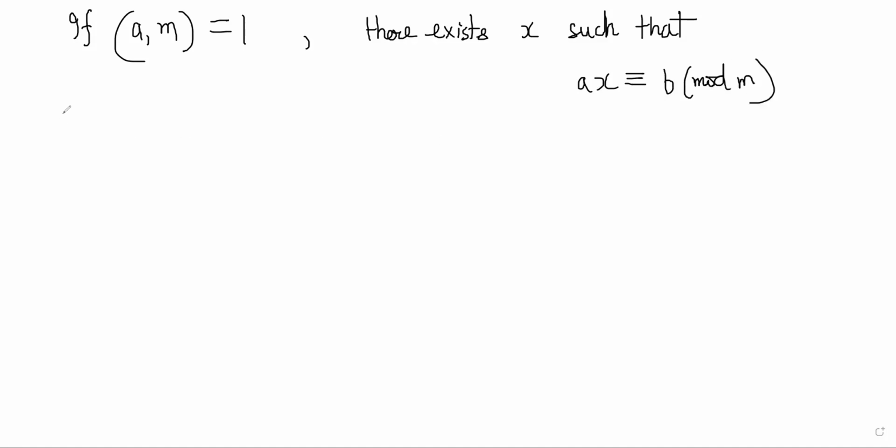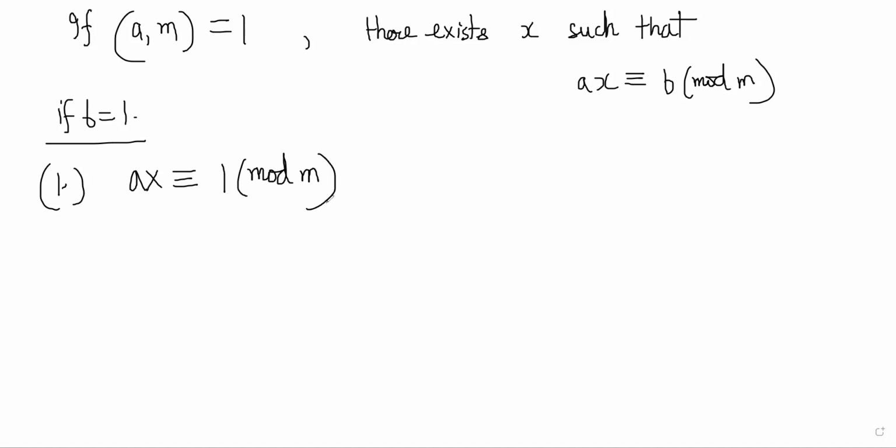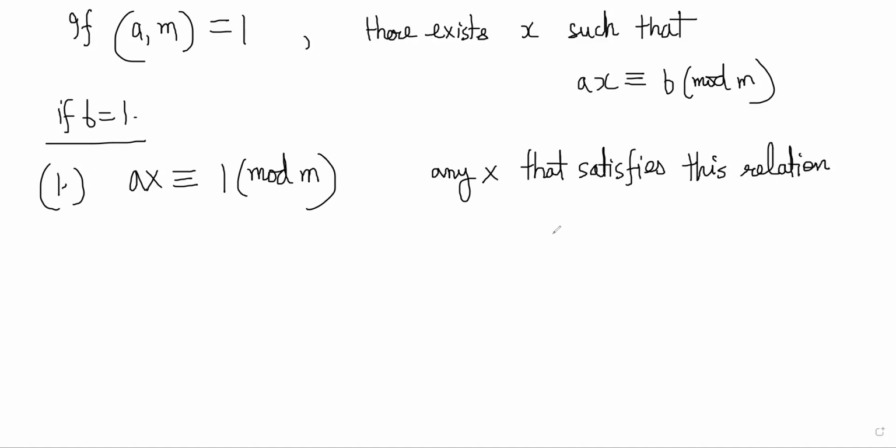And in the special case, if b equals 1, we have a situation where ax is congruent to 1 mod m, right? Any x that satisfies this relation is called the inverse of a mod m.